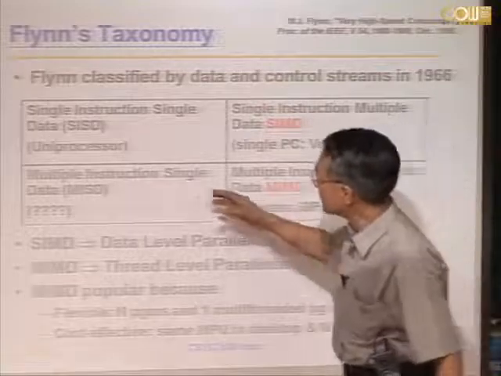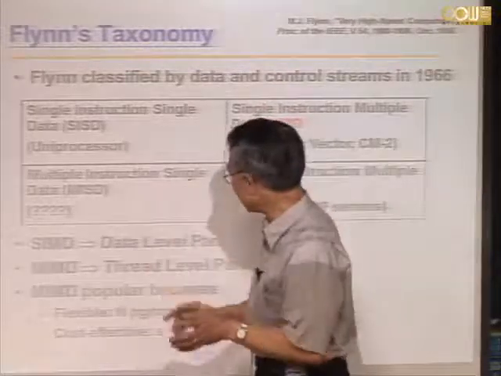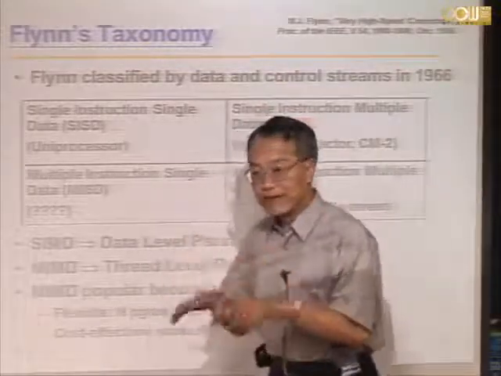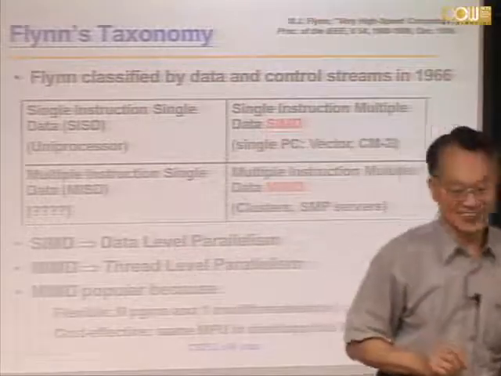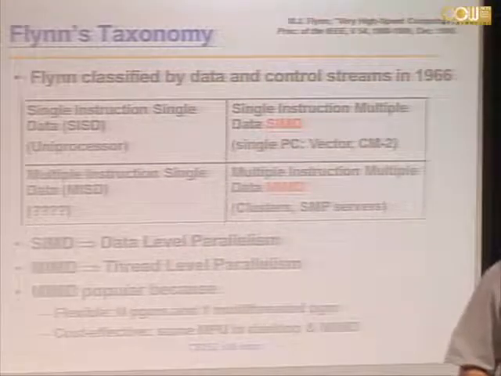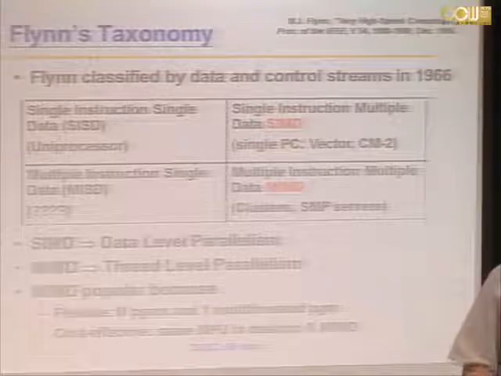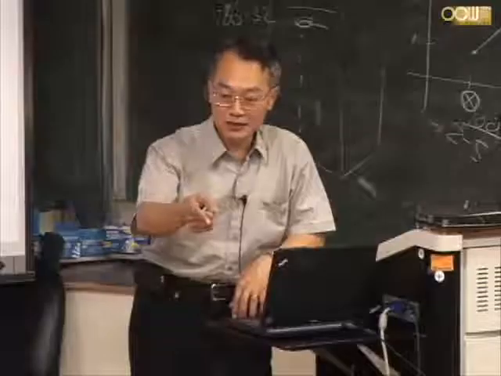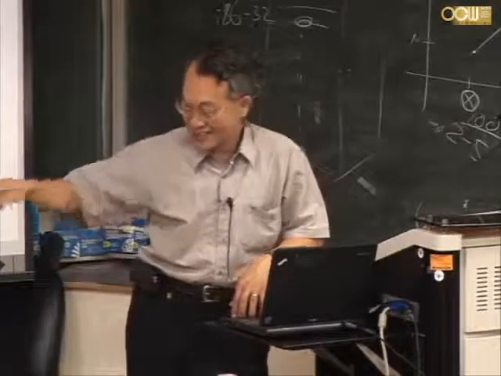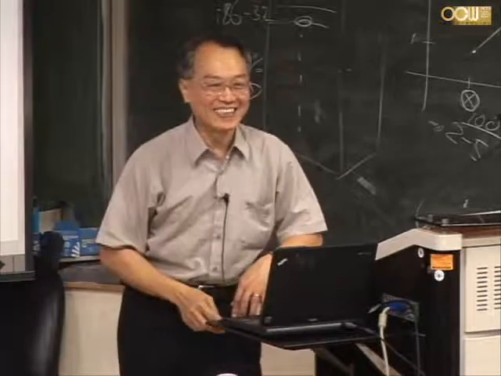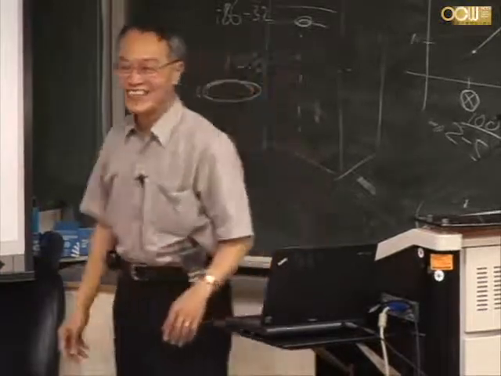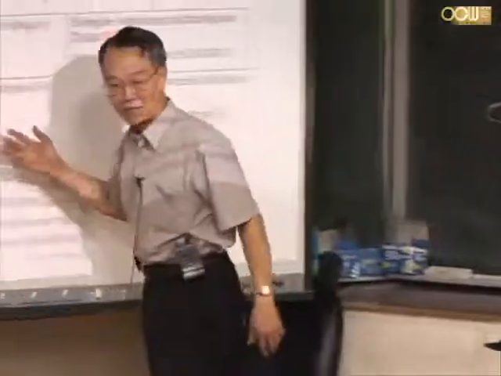Okay, and for this multiple instruction streams processing a single data stream, tell me what kind of machine is that? Like in a classroom, one student, many professors. Tell me what that is. No real example.